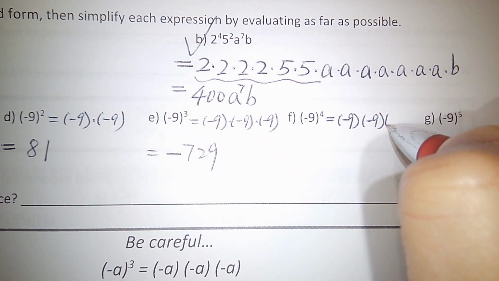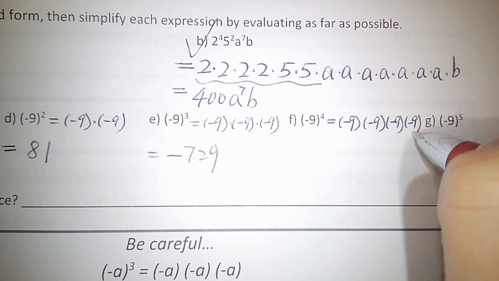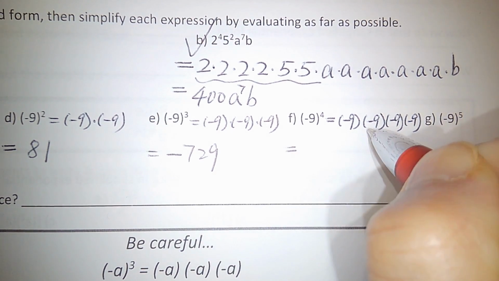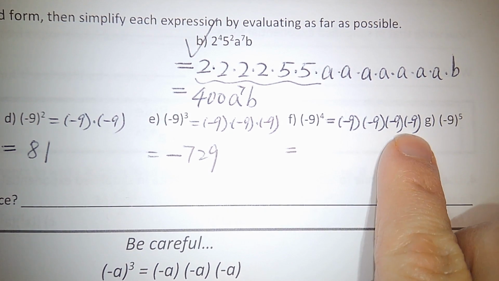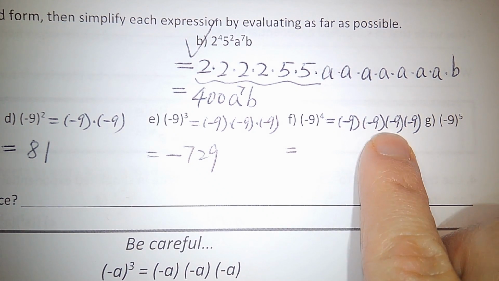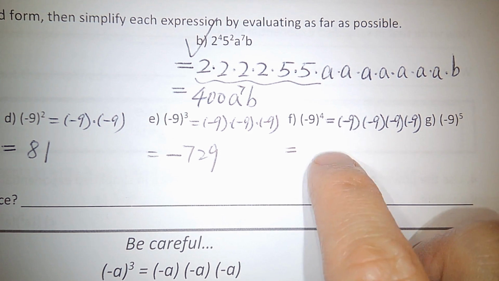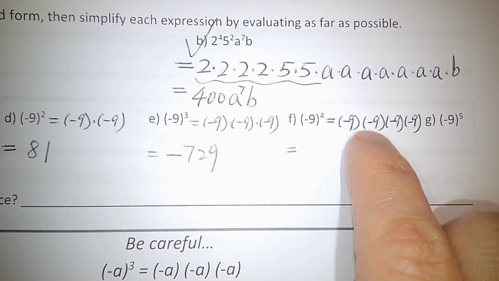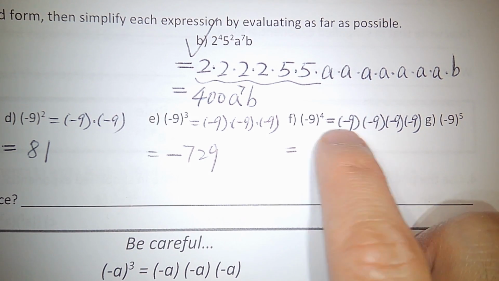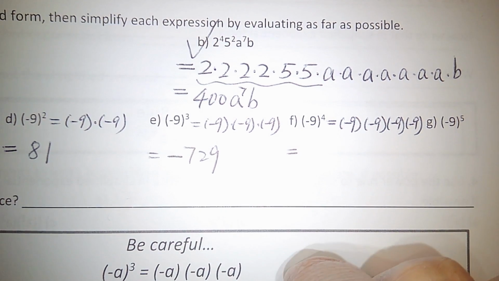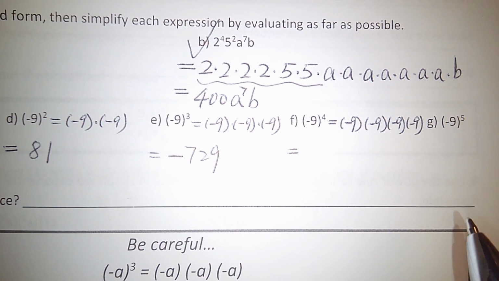And negative 9 to the fourth power. 4 of negative 9 multiplied together. Eventually we get a positive number or negative number. There are 4 of them: negative times negative times negative times negative. Do we get positive results or negative results? Positive, right? Because every 2 negative numbers multiplied together give us positive. So eventually positive. What do you get?